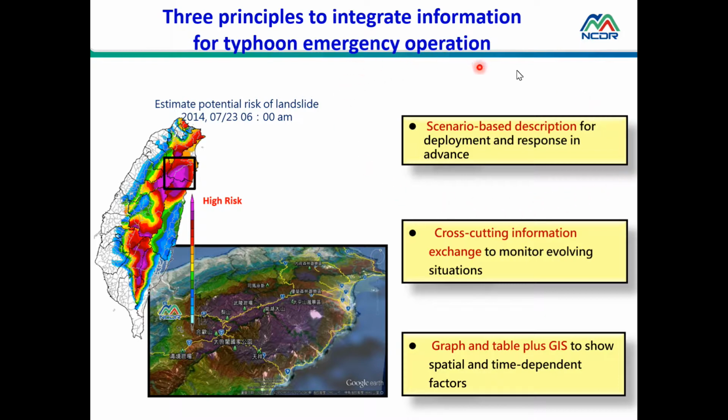As I explained, it is kind of impact-based preparedness. Second, we must overlap information from different sources. So from this slide and this slide, we overlap information from different government agencies. And very important, use GIS and pictures to tell a good story. This is what I emphasize as information intelligence.